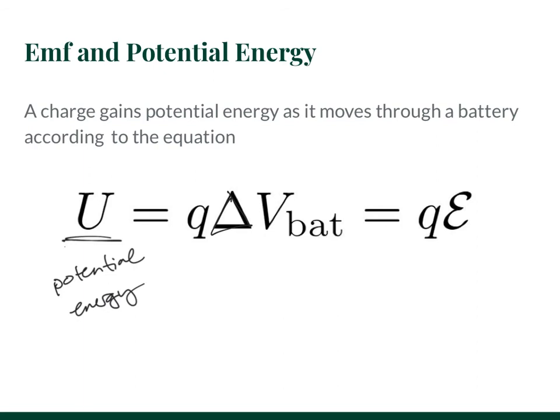And according to our most recent mathematical expression, you can substitute this EMF for delta V. So the potential energy gained by charge is equal to the charge times the EMF of the battery. So this should allow you to solve some more of your homework problems.